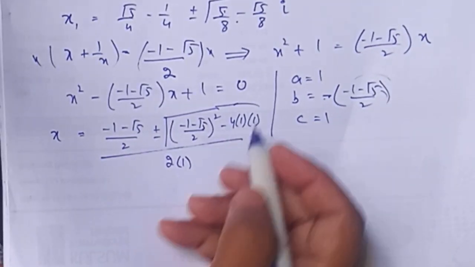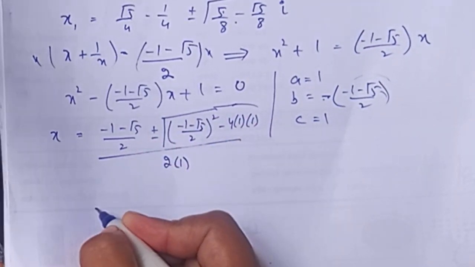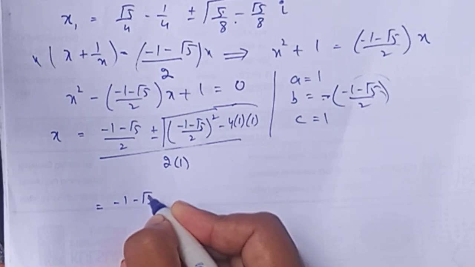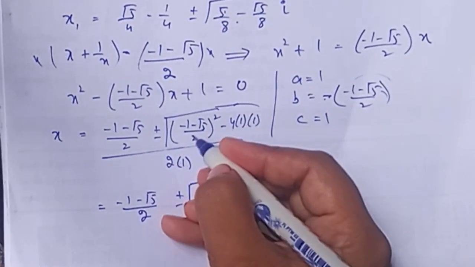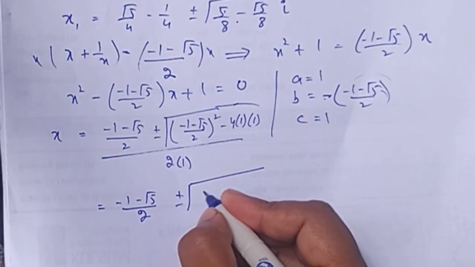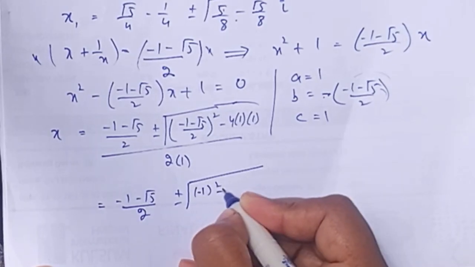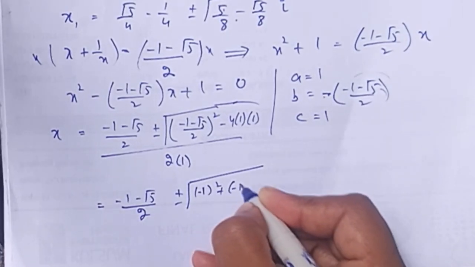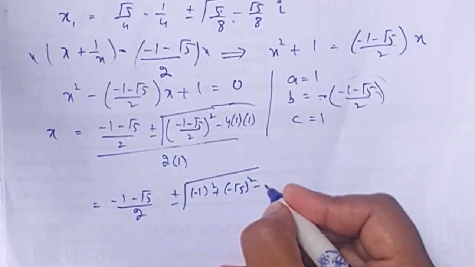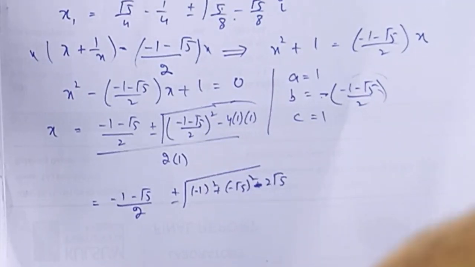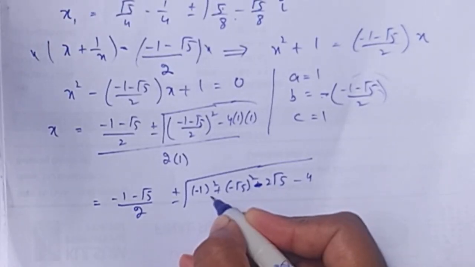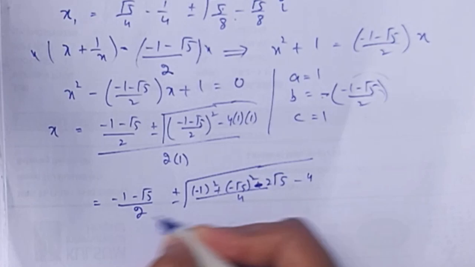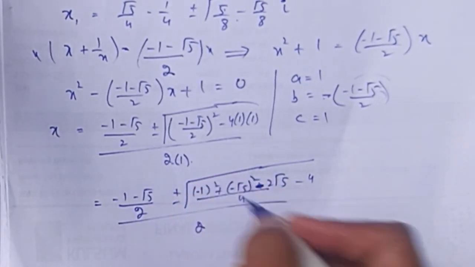Now we simplify this part. So this is minus 1 minus square root 5 over 2 plus minus, here we expand this form. So this is minus 1 square plus minus square root 5 square minus 2 times square root 5 minus 4 over 4, and divide this by 2 ones are 2.